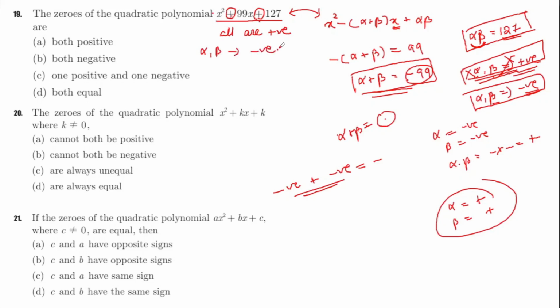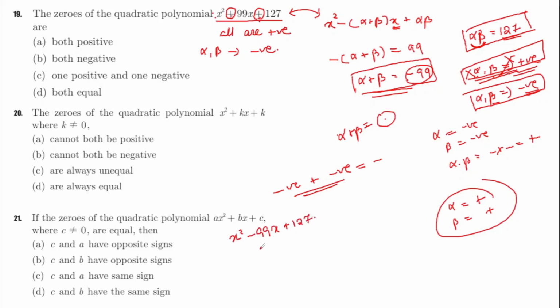Is it clear to you? If alpha and beta are negative, that means here A, B, C all will be positive. Now let's take the opposite or the alternate situation where x square, suppose, minus 99x is there and plus 127 is there. So what will happen here, sir?